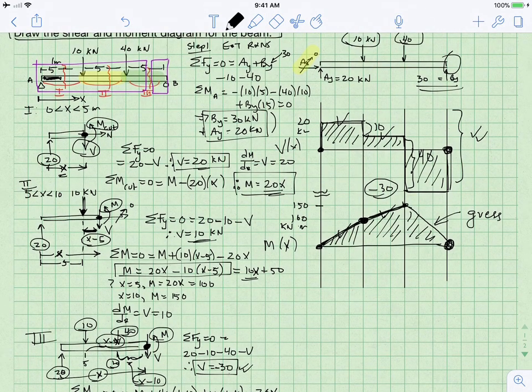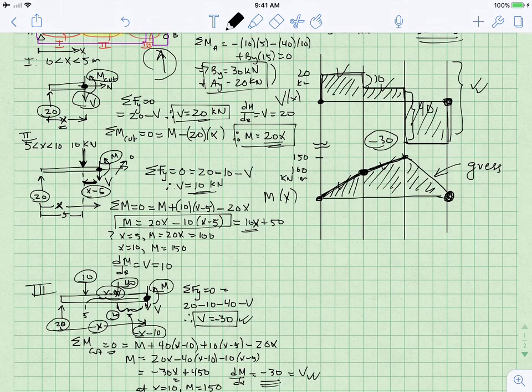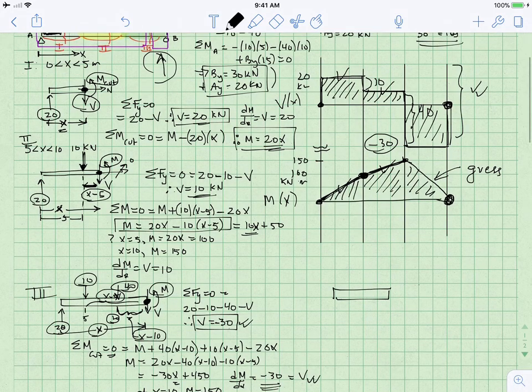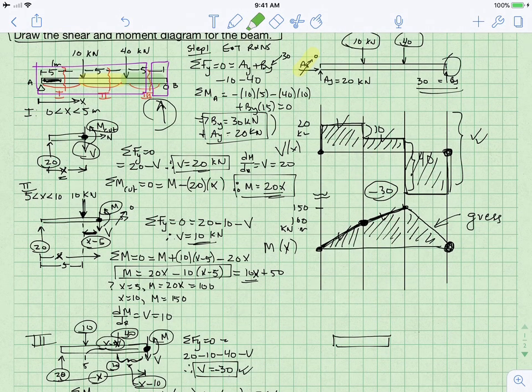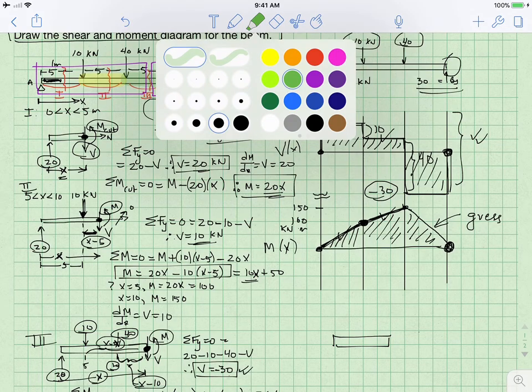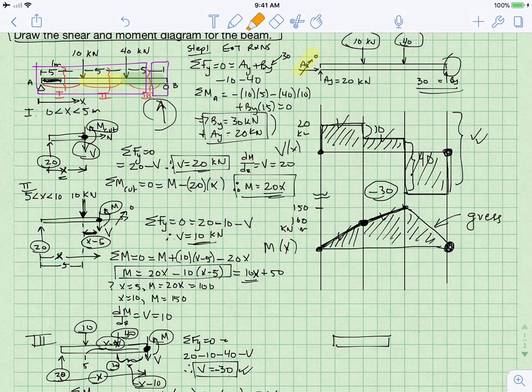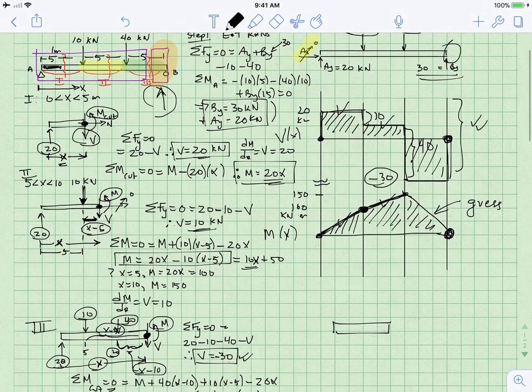I want to do one more thing. I want you to think about the right-hand side of the beam, because it's an easier way to think about what's going on at this segment. Let's highlight what I'm doing here. Let's go for orange. If I think about this segment of the beam right there, what's going on with it?